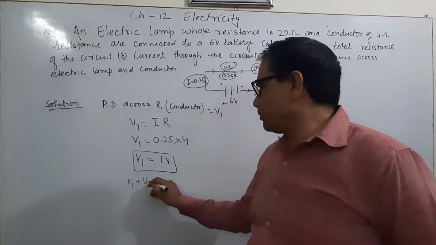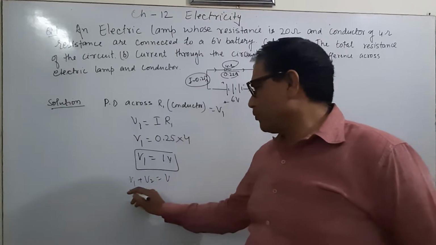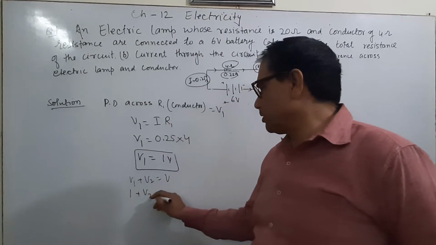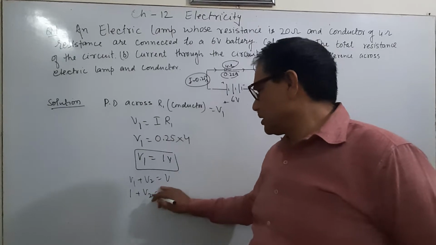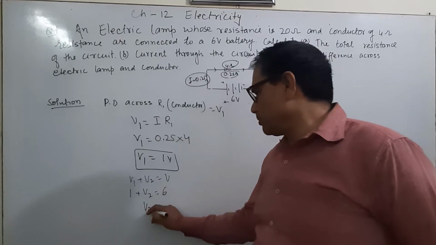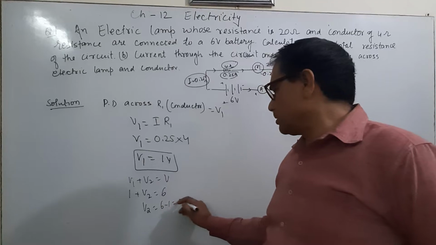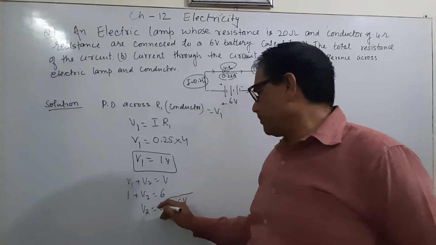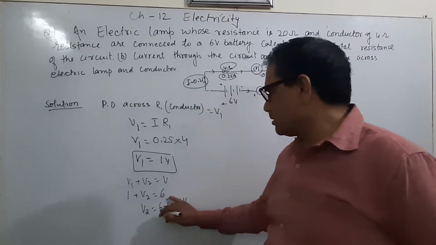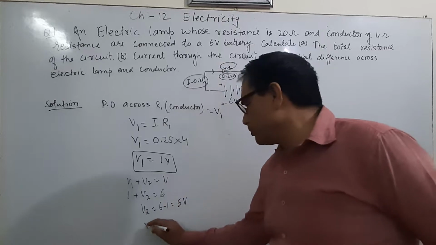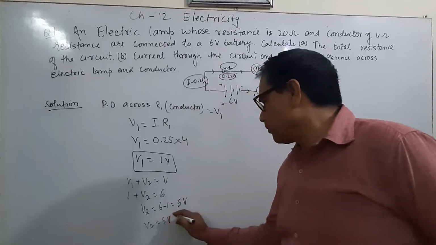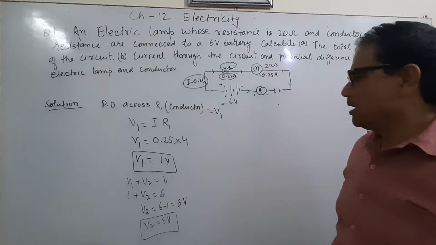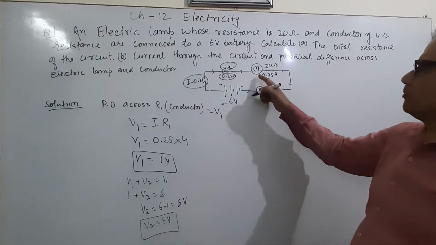V1 plus V2 is equal to V. So V1 is 1, plus V2 is equal to 6, and V2 is equal to 6 minus 1, which is 5 volt. It means the potential difference across the bulb, V2, is 5 volt.